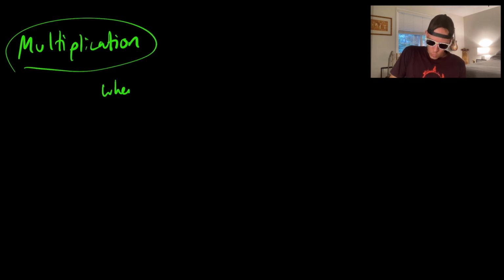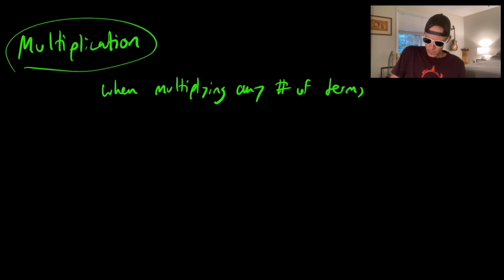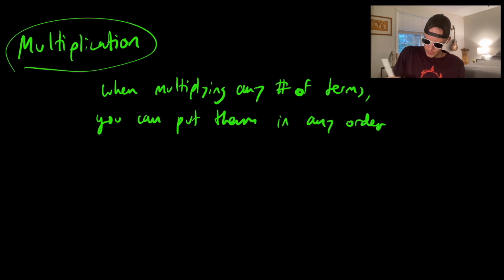When multiplying any number of terms, you can put them in any order. So again, kind of like how we had A plus B, let's do A times B. Well, if I do B times A, I'll get the same thing.